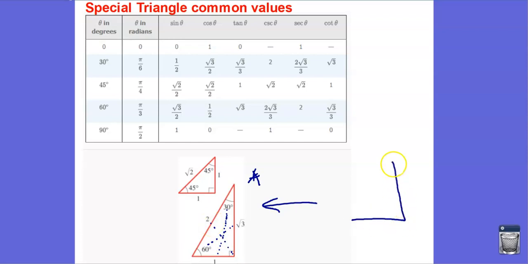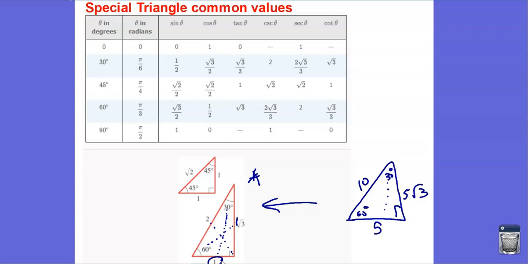Even if I gave you a triangle, told you it was a 30, 60, 90, and said this side is 5, then I know the side opposite 30 is the shortest side, 5, this one is 1 times the square root of 3, so 5 square root of 3, and this is going to be 10, twice the shortest side. So if you know the relationship between a 30, 60, 90 degree triangle, you can easily figure out all 3 sides if you're given one side.